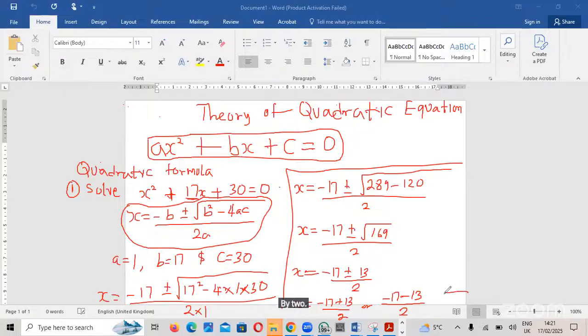So our final result is x is equal to minus 17 plus 13 over 2, which is minus 2, or minus 17 minus 13 over 2, which is minus 15. So x is equal to minus 2 or minus 15. After this one, you will now solve the problem again.